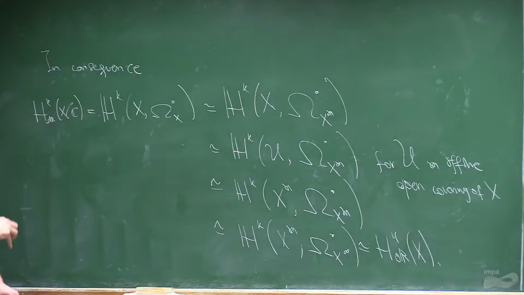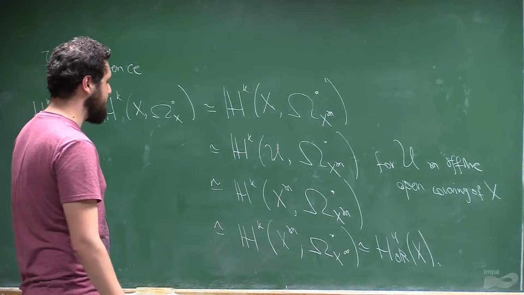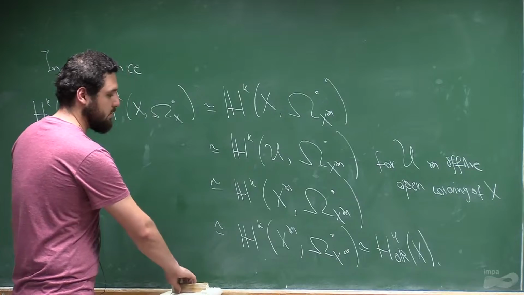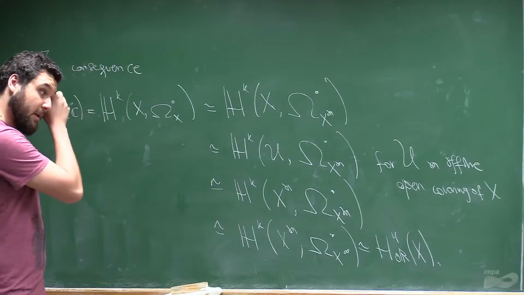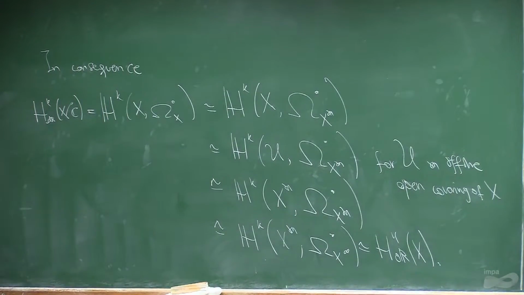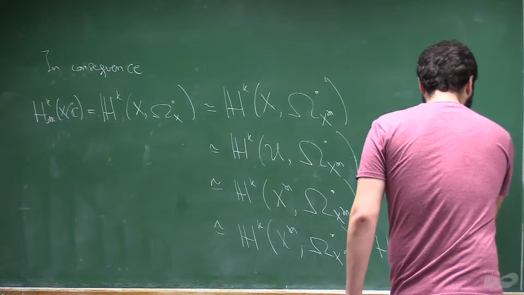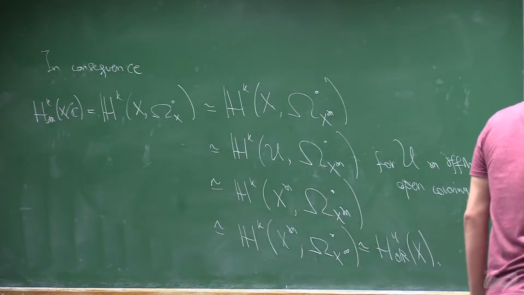We already proved that. And so the only thing that we have to prove is this claim that this natural inclusion is a quasi-isomorphism in the Zariski topology.